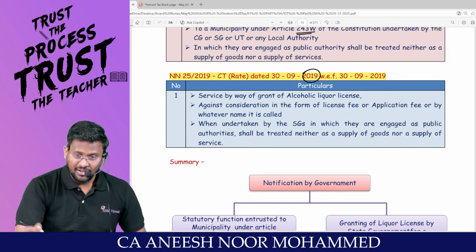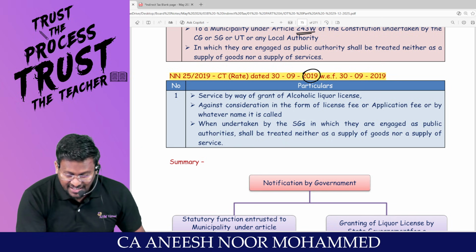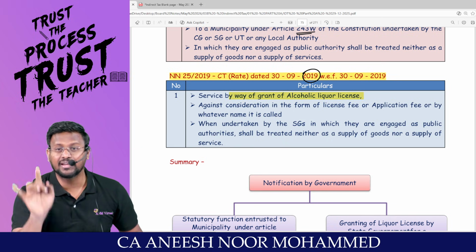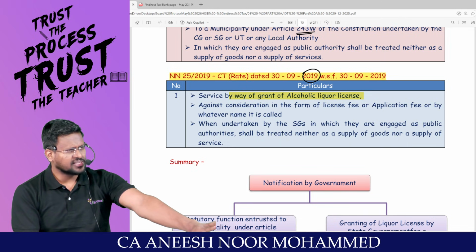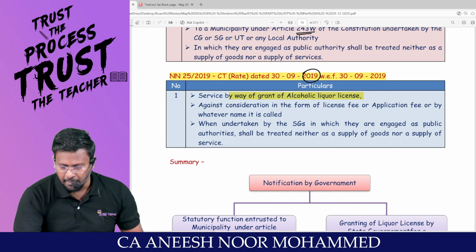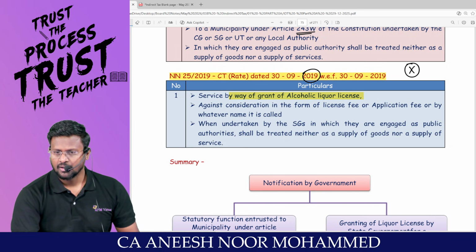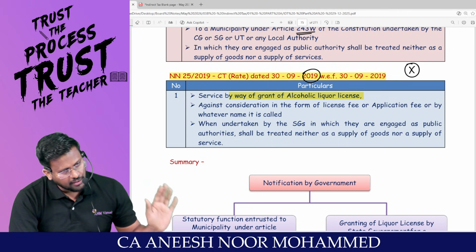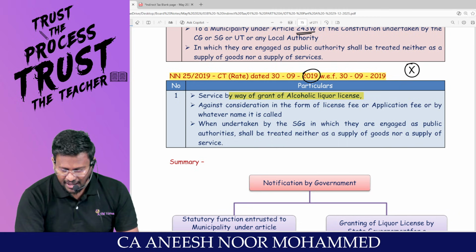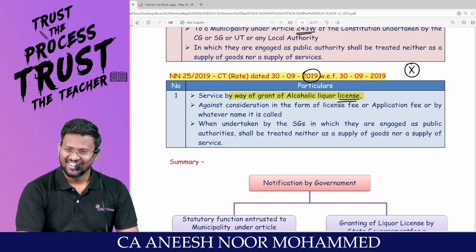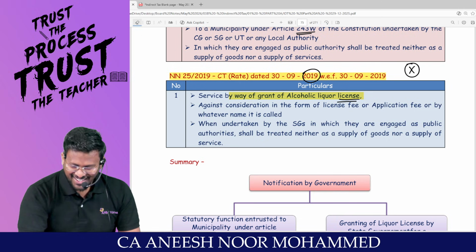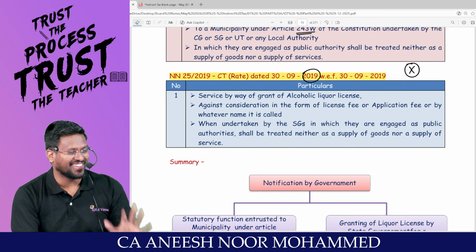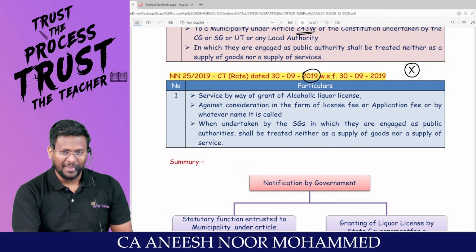So, service by way of grant of alcoholic liquor license. For example, sir, Mr. X wants to start a bar in Chennai. Can you start a bar tomorrow onwards? No, you should have a license. So you have to approach the particular prescribed authority for getting the license.